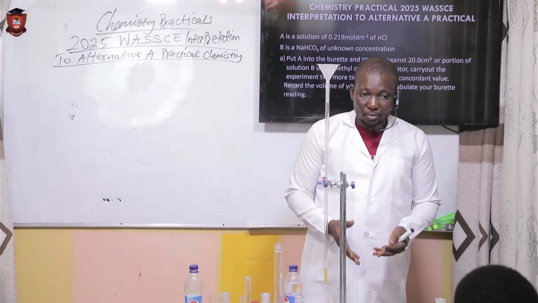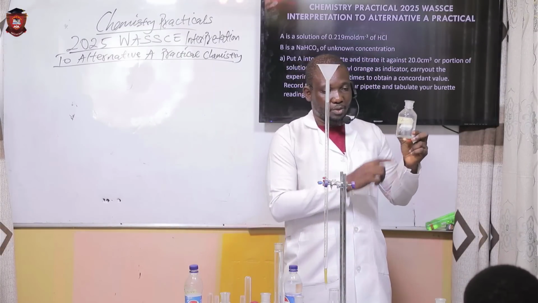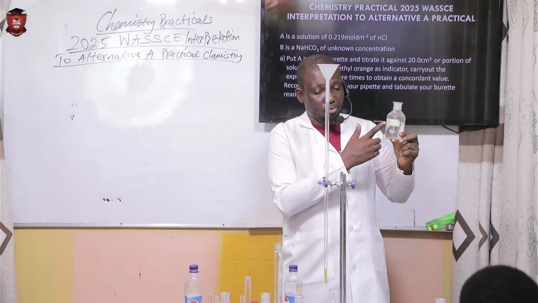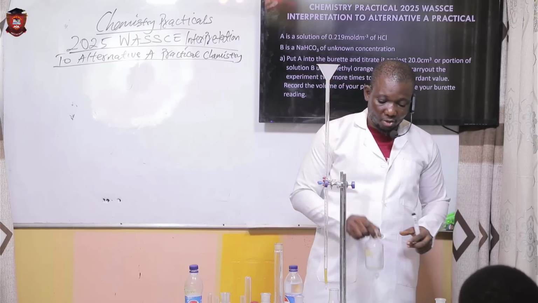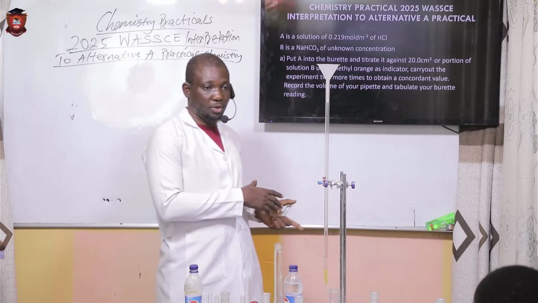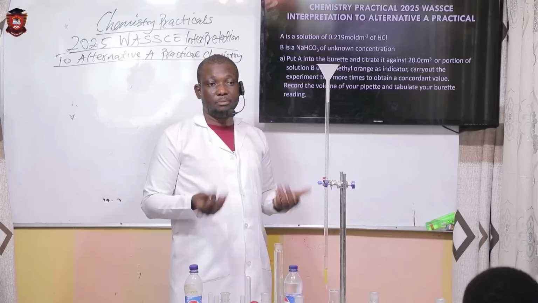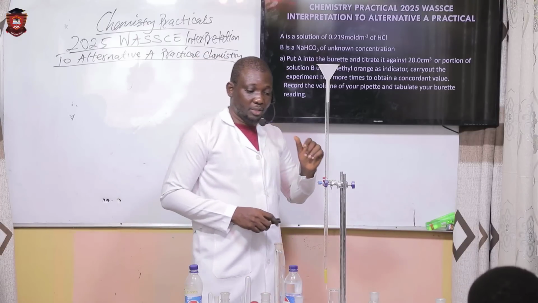Students are to be given this in 150 cm³. So we have already 150 cm³, and this should be enough for 3 experiments, because the standard number of experiments we are required to carry out in this practical is just 3. I'm going to show you how to do the 3 experiments and then tabulate your readings accurately. The reading is very, very important.